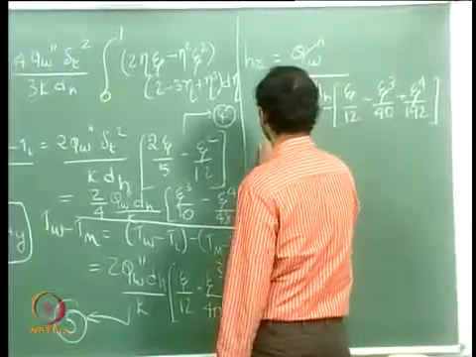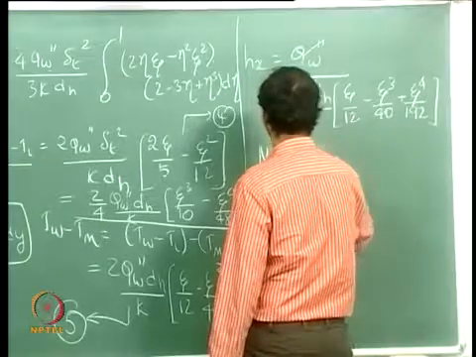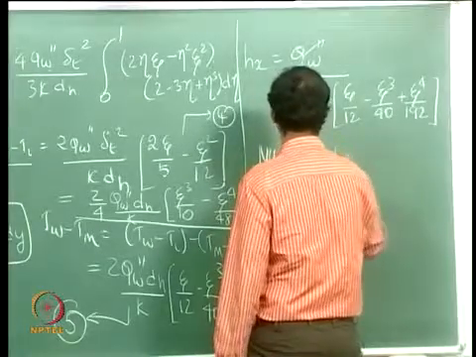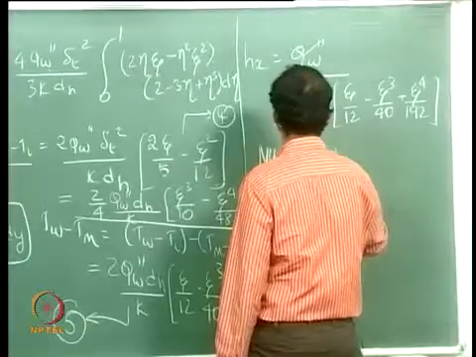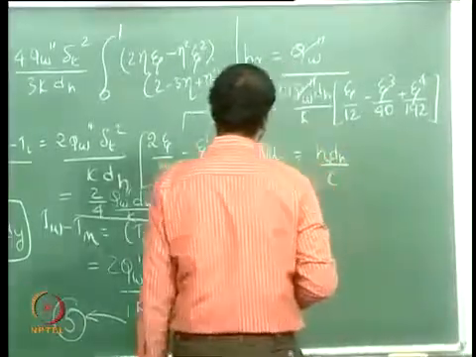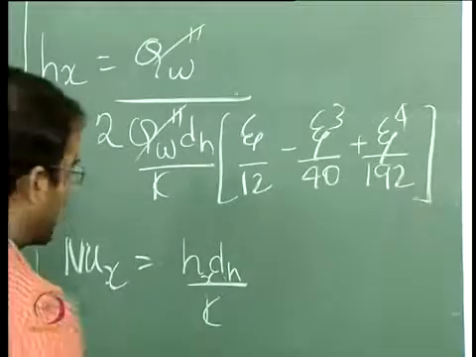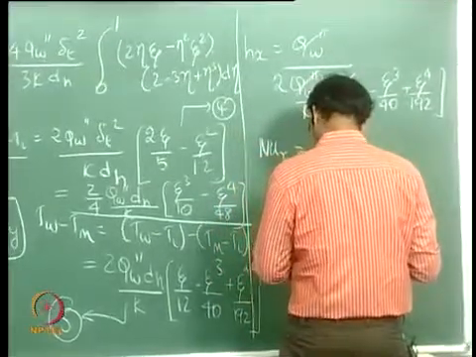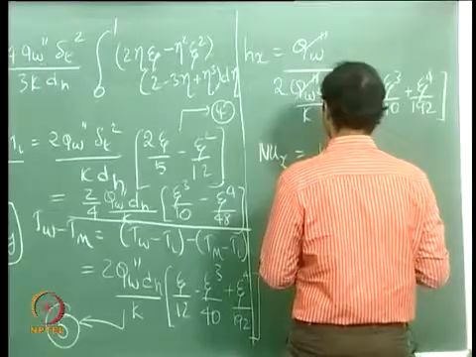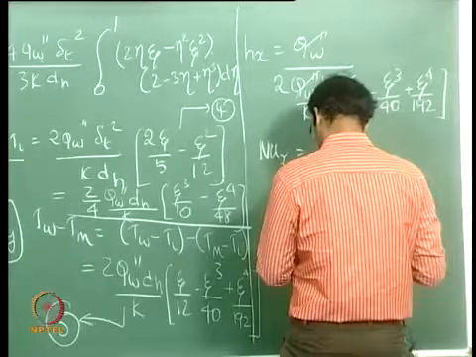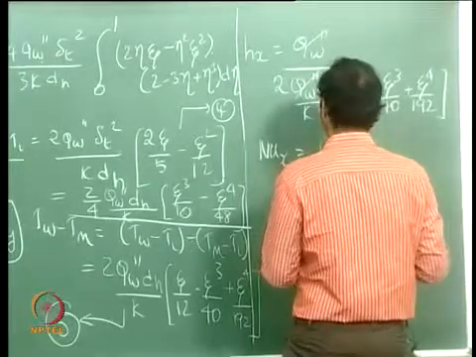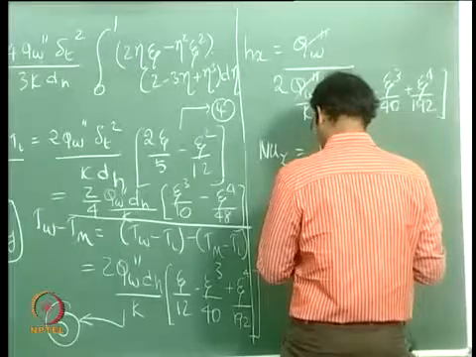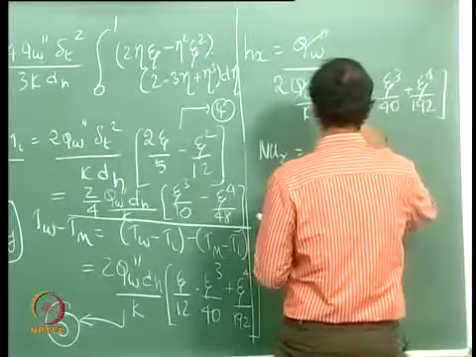Okay, so my Nusselt number in the thermally developing region, which is based on the local heat transfer coefficient times the hydraulic diameter divided by K, comes out to be of this form. I can also take some terms common from here.